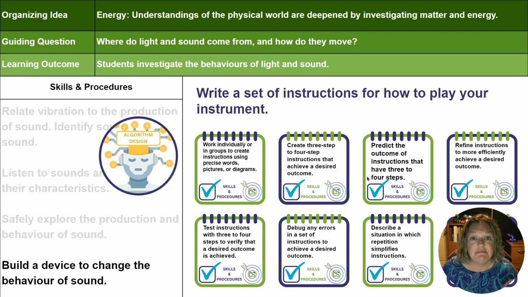With building a device to change the behavior of sound, we have also some opportunities to bring in some of the computer science skills and procedures a little bit more explicitly. So we have a lot of skills and procedures here around instructions, 3 to 4 step instructions, creating them, finding errors in them, testing them, refining them, working collaboratively with other people.